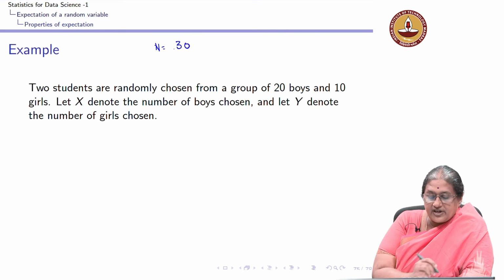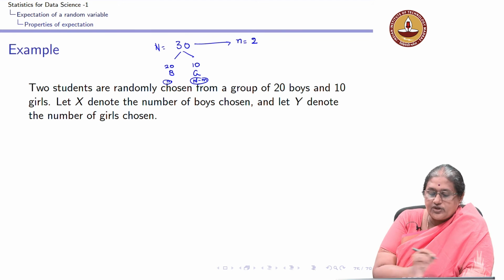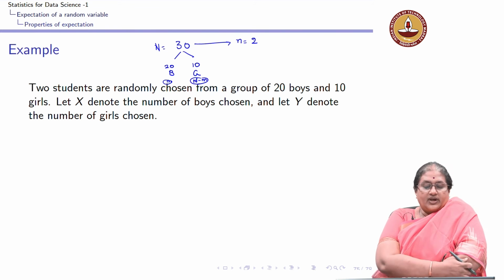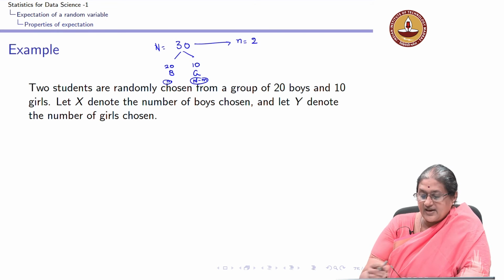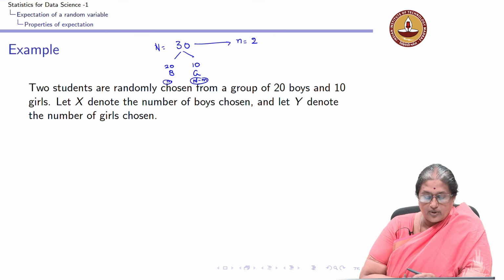I have 30 people, of which I have 20 boys and 10 girls. So, this was my m. This is my N minus m, which is 30 minus 20. This is of one type, this is of another type. I am choosing small n, which is equal to 2. I am choosing 2 students. Again, it could be both girls, both boys, or one girl and one boy.